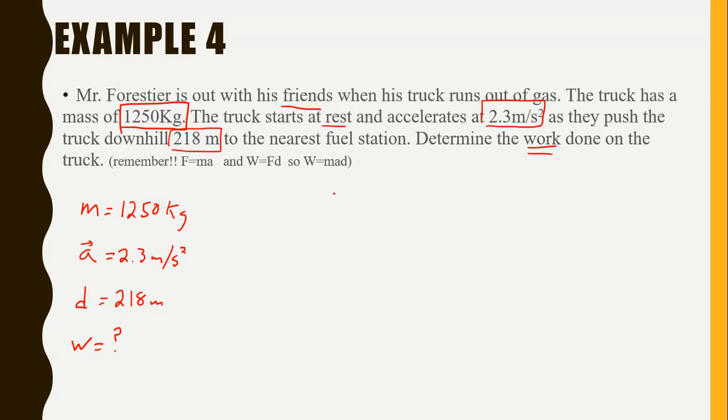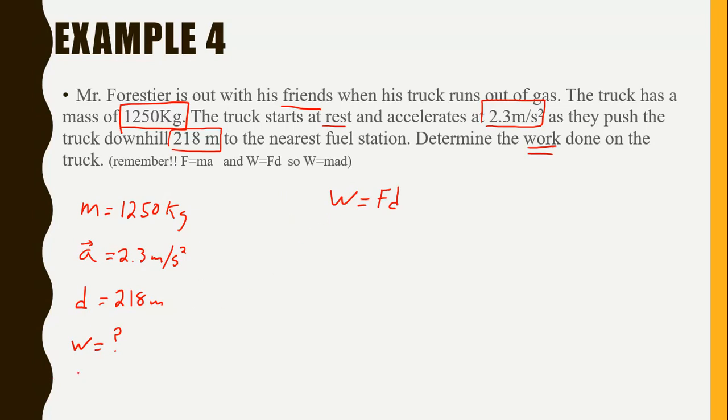The formula for work is W equals force times distance. Now, some people would get confused here because if I look at my variables, I have a distance, great, but I don't have a force. So people might think, well, I can't answer this question. Here's where the extra step comes in, you guys.